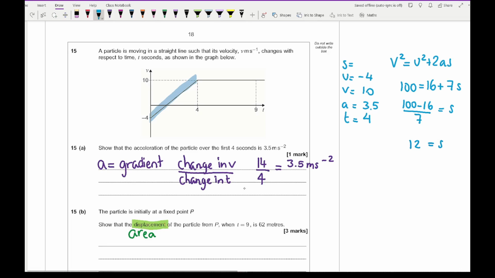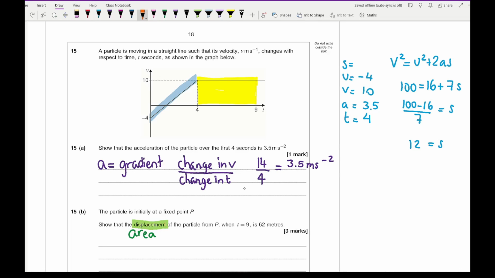Our second displacement area is found from the area of this rectangle here. Now, if we were to use the SUVAT equations this time, the acceleration would be 0, and the reason the acceleration is 0 is because we can see that velocity doesn't change.